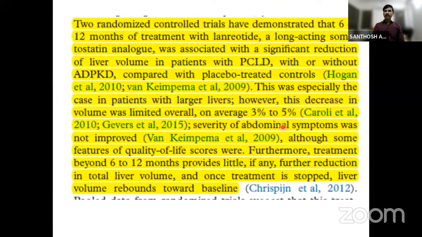Severity of abdominal symptoms did not improve significantly. And after 6 to 12 months, there was no further reduction, and once the treatment was stopped, liver volume rebounds to the baseline. So the blunt answer is yes, it reduces, but only marginally, and after stopping it, it comes back to the normal size. So the seemingly wrong answer was actually correct when we go back to Bloomgart.